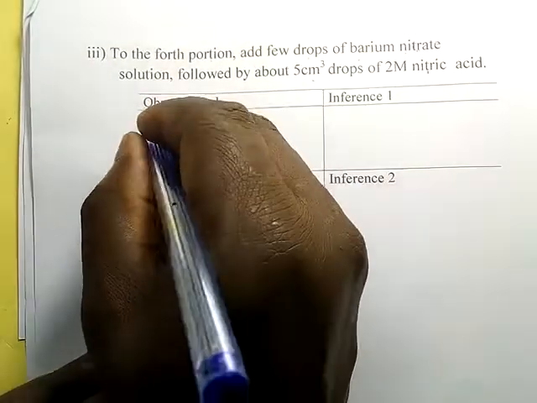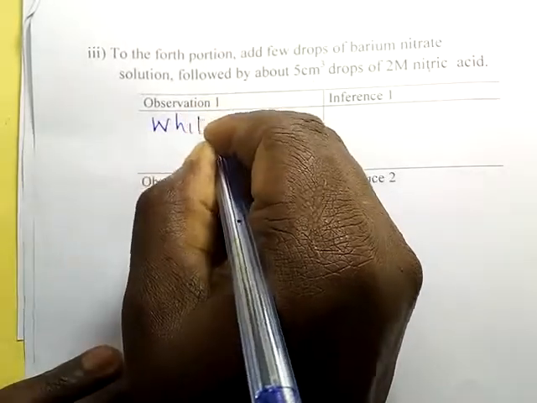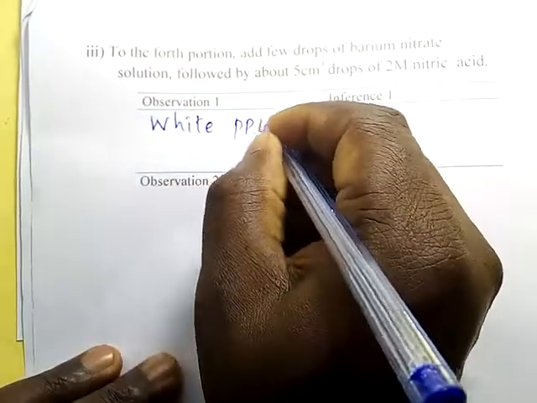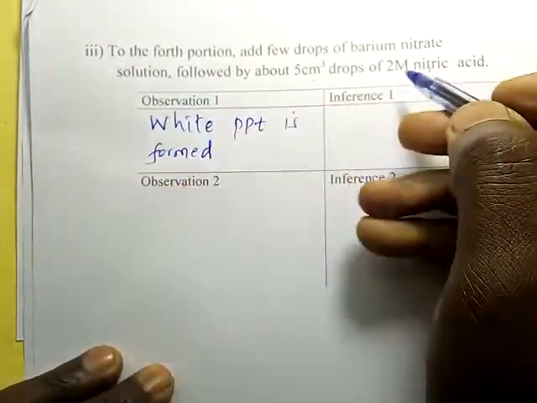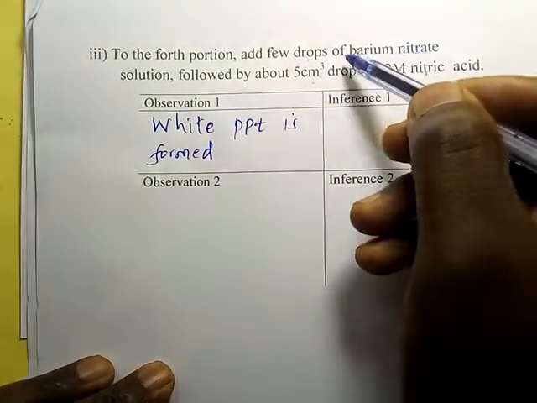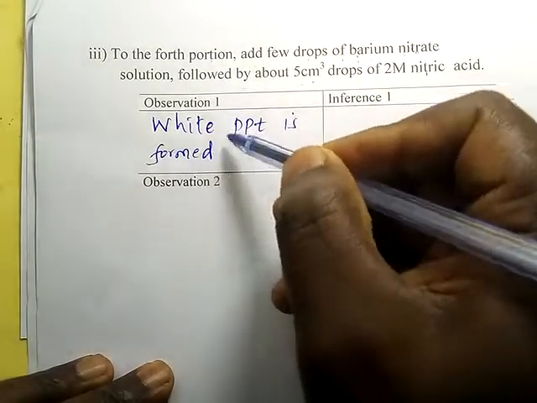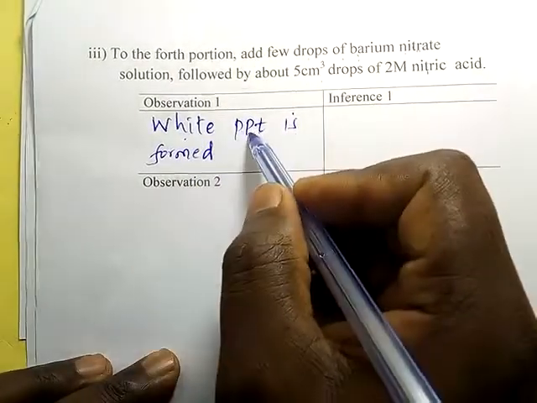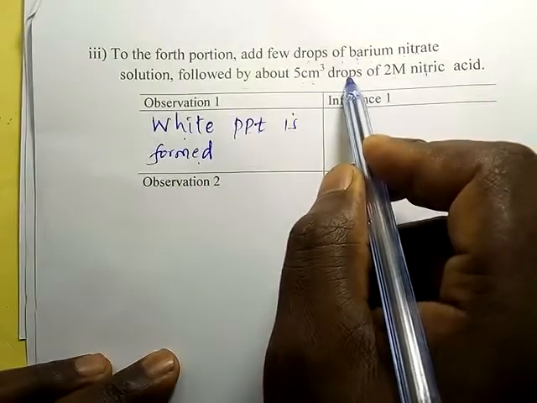Here a white PPT is formed because we are adding barium nitrate. If there is a sulfate or a carbonate inside there, a white PPT is formed. And then what happens when the acid is added?